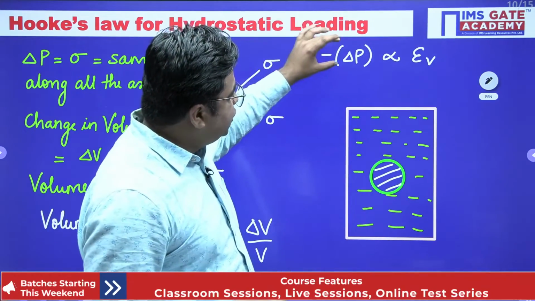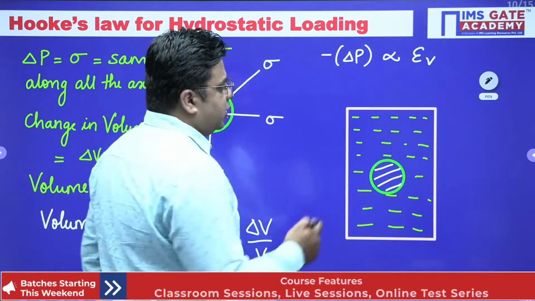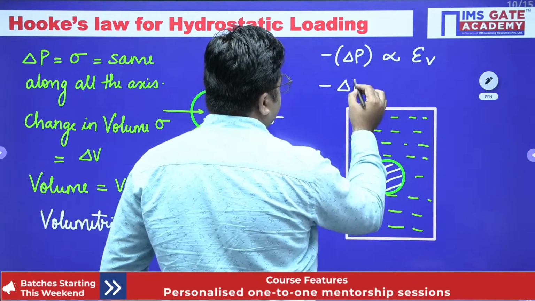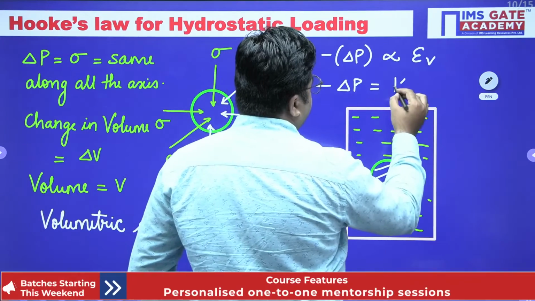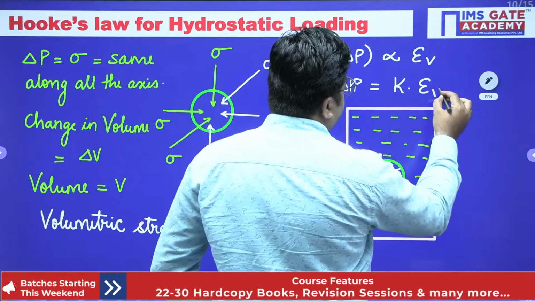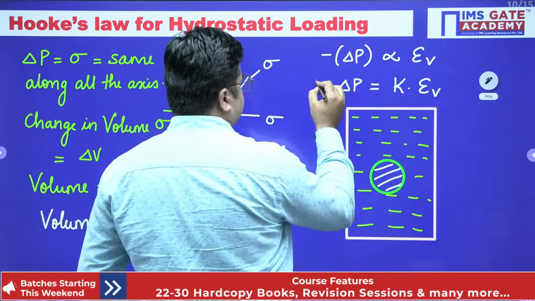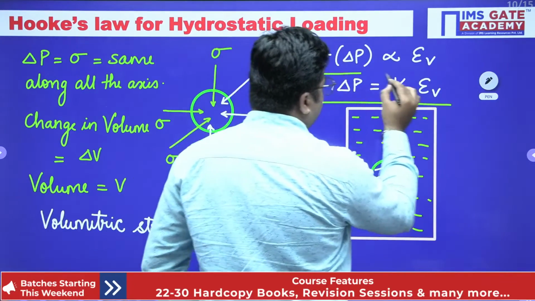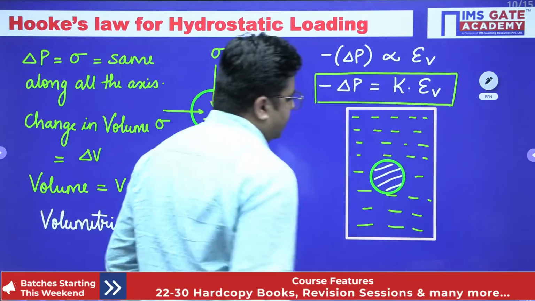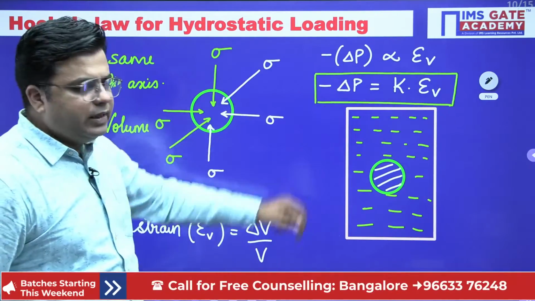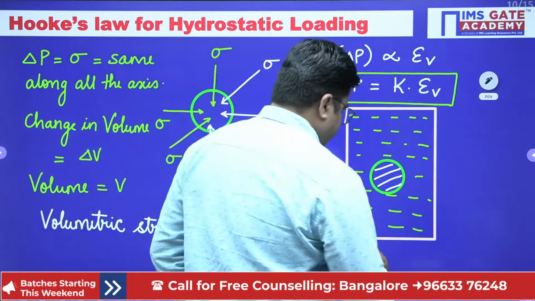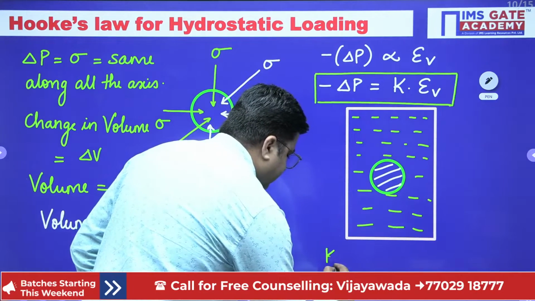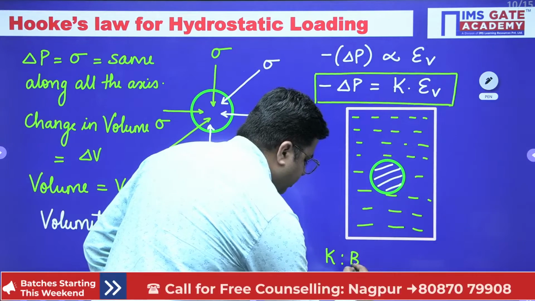So delta P is equal to K into volumetric strain. This is the Hooke's law for hydrostatic loading, and K is known as the bulk modulus. I'm writing here, K is the bulk modulus.